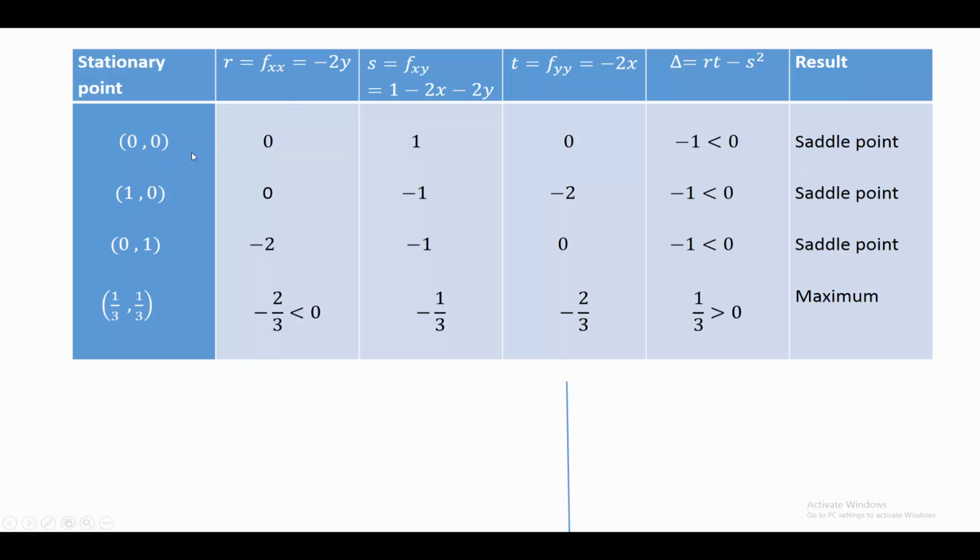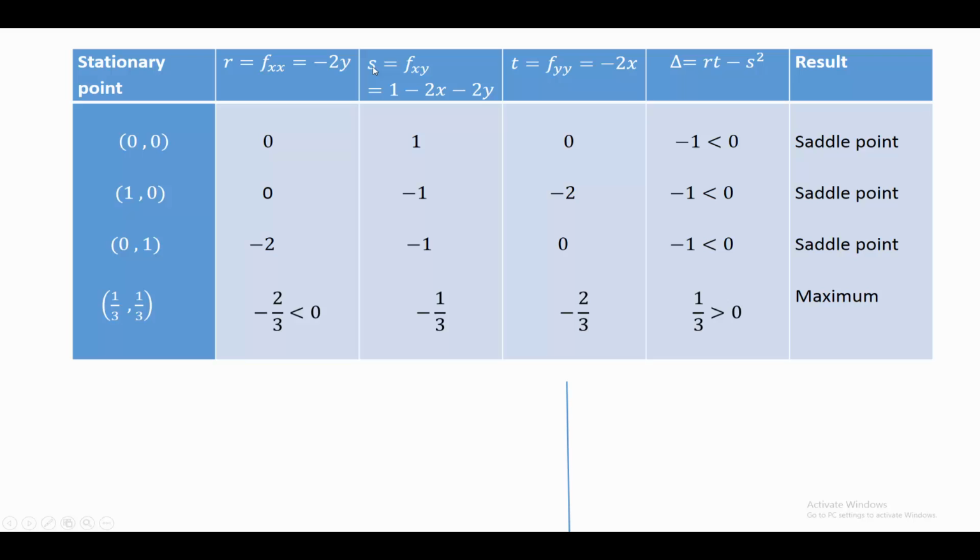At point (0, 0), put y is 0, so this is 0. At point (1, 0), put y is 0, so this is 0. At point (0, 1), put y is 1, so we get minus 2. At point (1/3, 1/3), put y is 1/3, so this becomes minus 2/3. This value is negative.